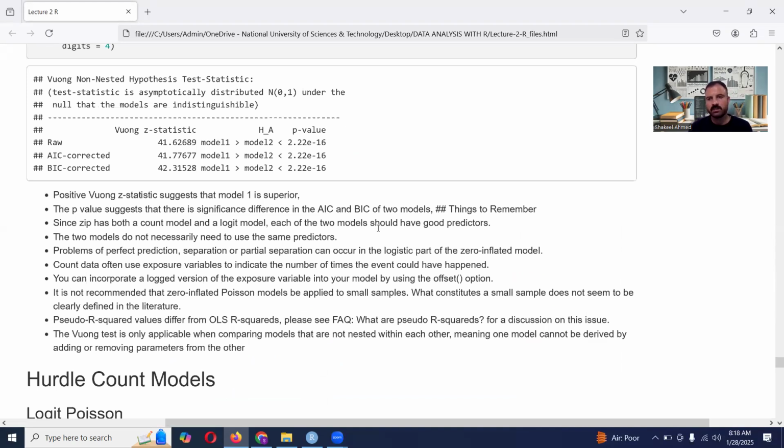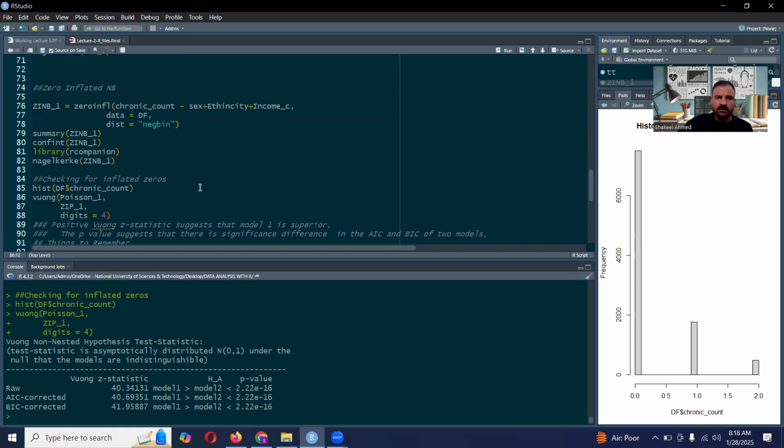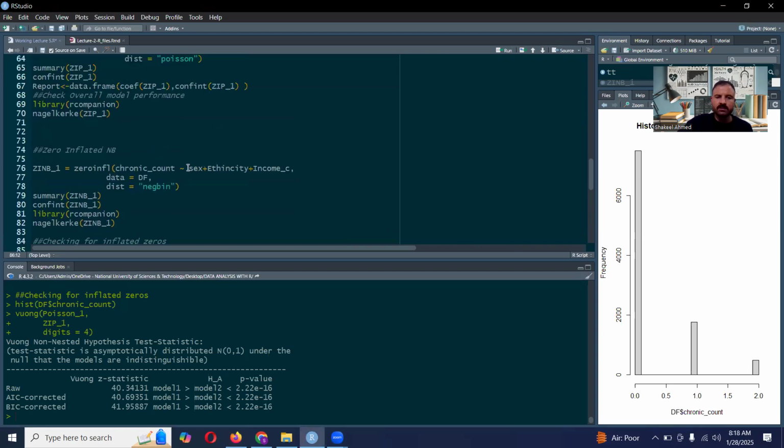You can use a different set of predictors in the inflated model and the count model. But in this command, we can't use a different number of predictors in the two models. So we are keeping the same predictors.